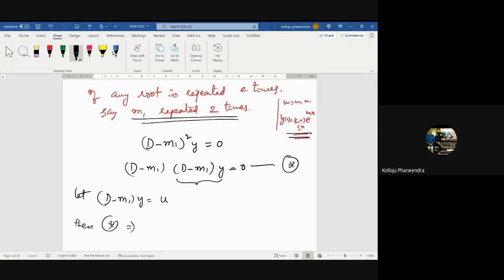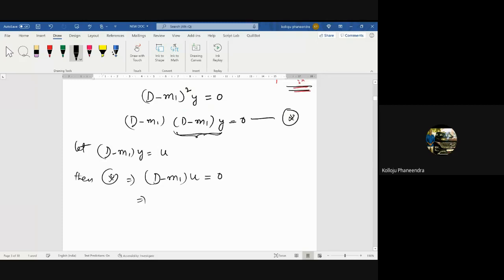Then star becomes D minus m1 into u equal to 0, which is nothing but Du minus m1 u equal to 0. D stands for d by dx, so du by dx equals m1 u. Just now I have solved this: 1 by u du equals m1 dx.